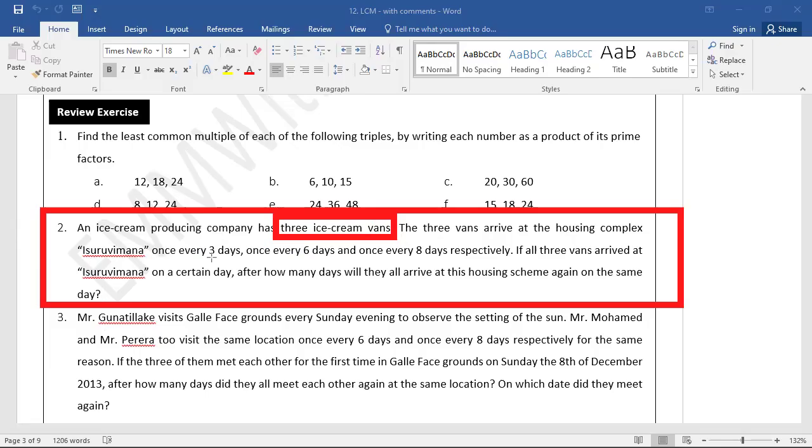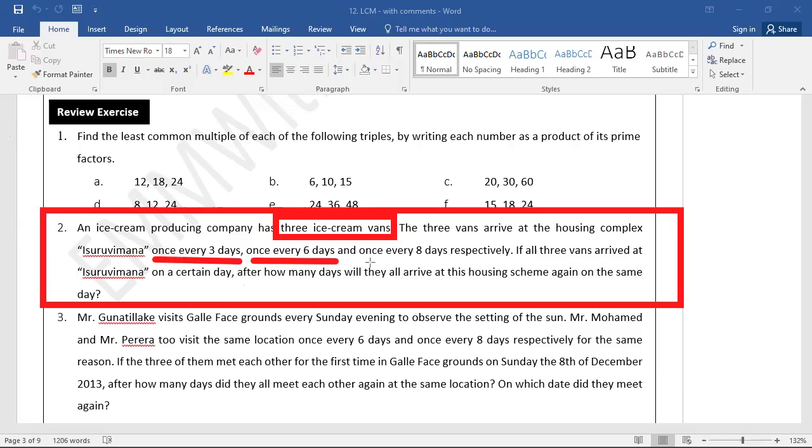The first is coming once every 3 days, the second once every 6 days, and the third vehicle arrives at the distribution every 8 days. I will highlight it. The first van will come once every 3 days. The second van will come once every 6 days.